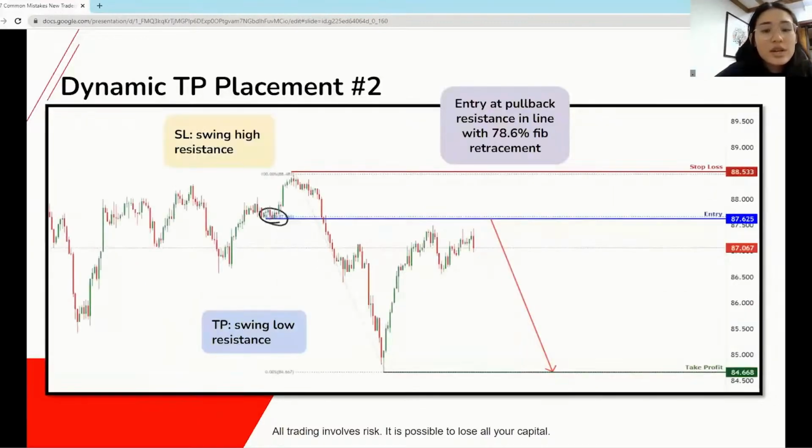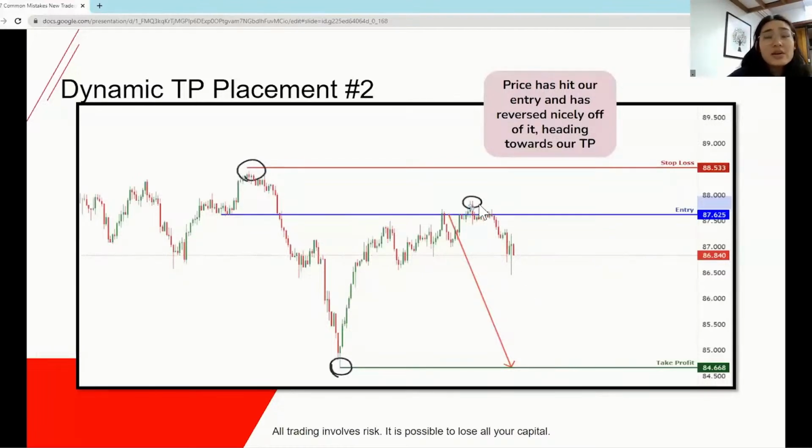Okay, so now let's look at another example. We expect price to bounce off of our entry at 87.625 at the pullback resistance, in line with the 78.6% Fibonacci retracement. So we're expecting price to drop from our entry to our take profit.